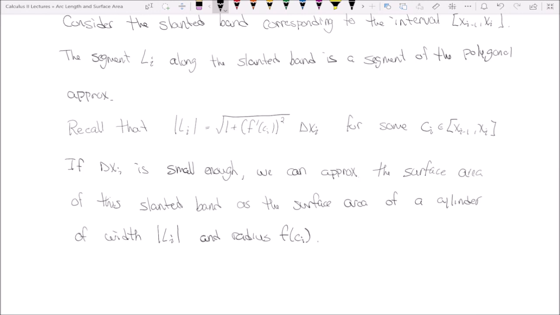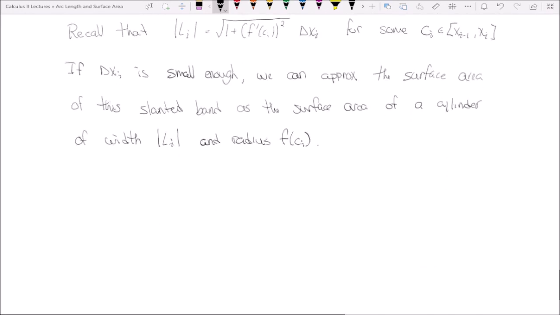Now the surface area of a cylinder is 2 pi times the radius times its width. So for our purposes, we're going to have 2 pi times f of c sub i times the square root of 1 plus f prime of c sub i squared times delta x sub i.